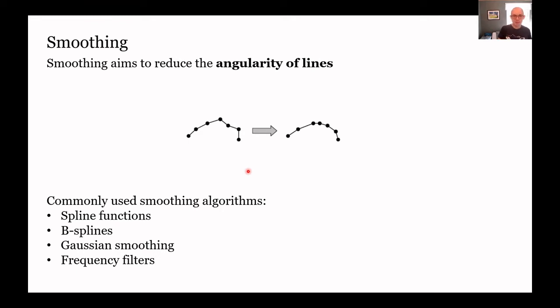This is obviously going to fail under some circumstances where you have lots of changes in direction close to each other, and you can end up with some very strange looking functions.